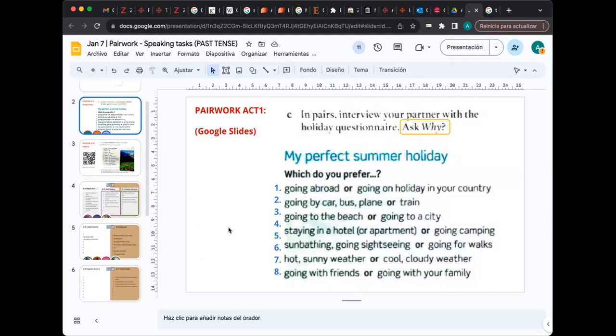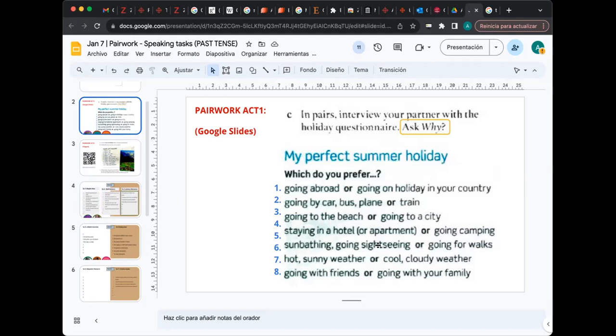Which do you prefer, sunbathing, going sightseeing, or going for walks? Sightseeing. Miss, what is sightseeing?